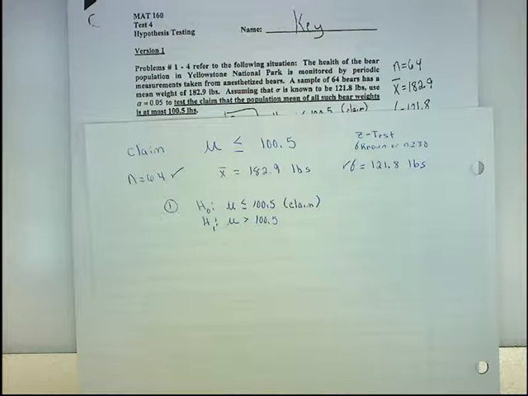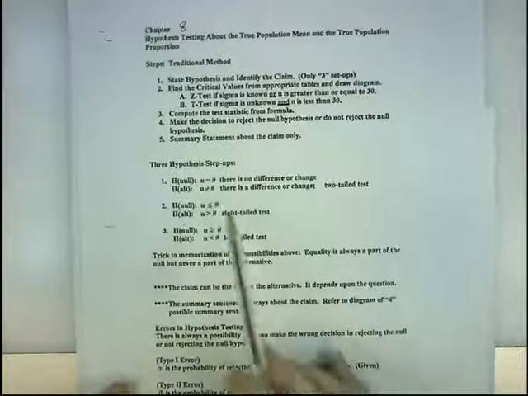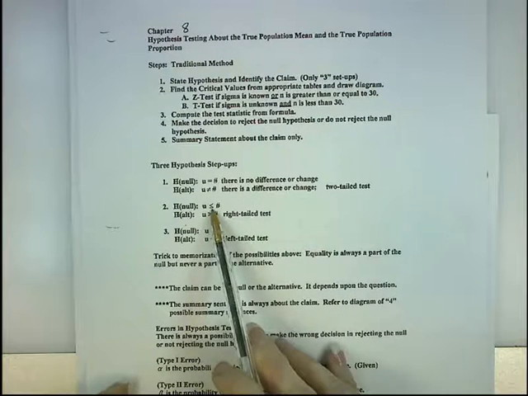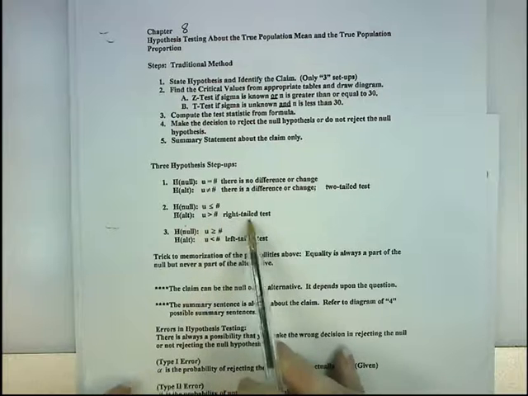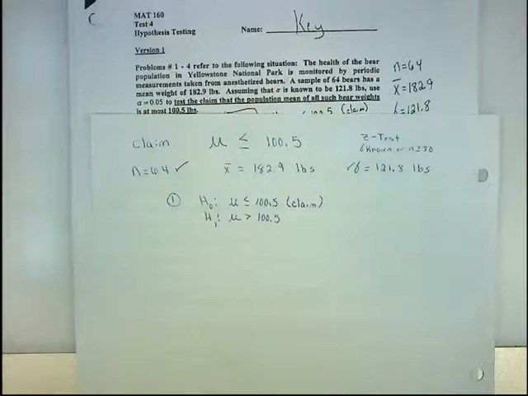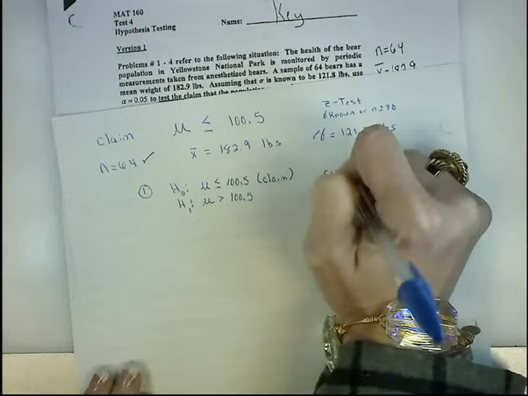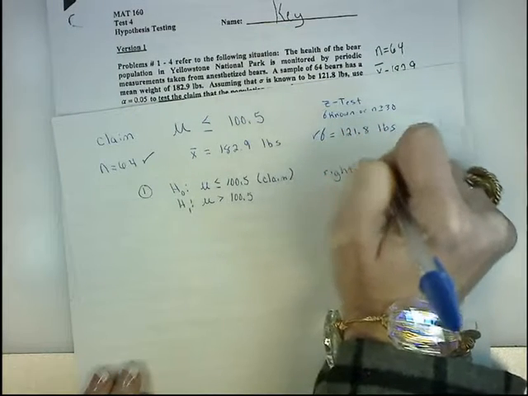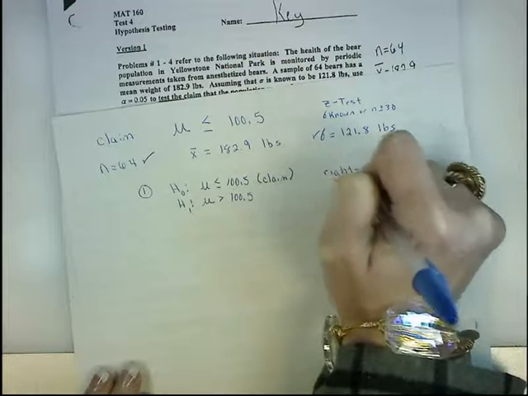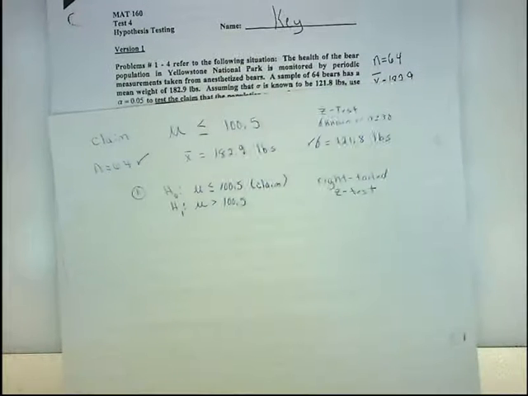Once again, as a reminder, on the sheet that is attached to your test, you look for less than or equal to, which means at most, therefore your alternative is greater than. So this is a right-tailed z-test for the true population mean.